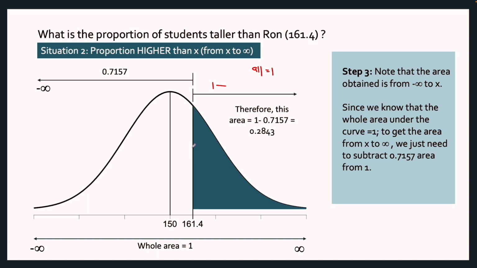So let's say this area is maybe A. Then 1 minus A, then you get this area. So in this case, 1 minus 0.7157, we get 0.2843. So this is the answer for the second question.